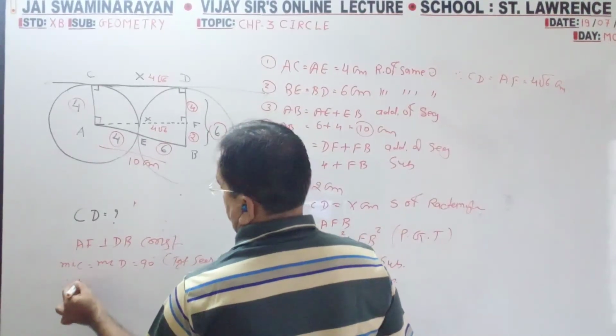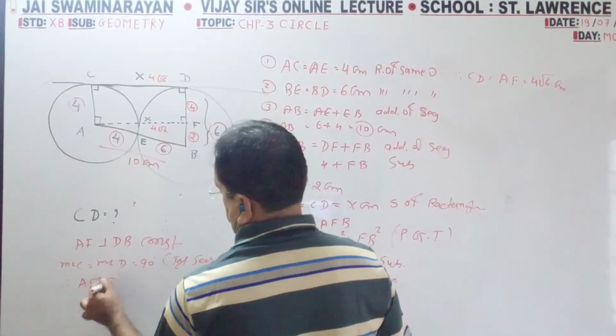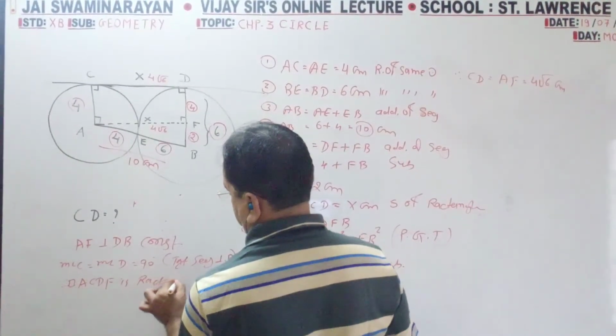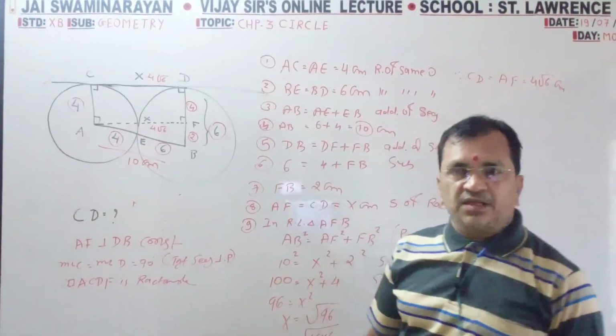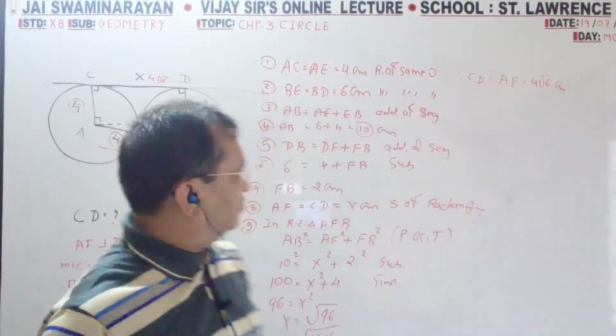Therefore ACDF is a rectangle. This is a rectangle. Like this, very stepwise you have to write.